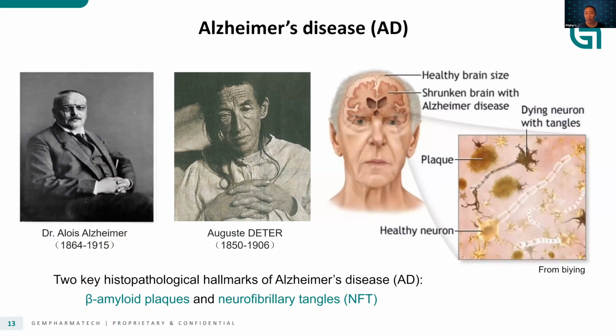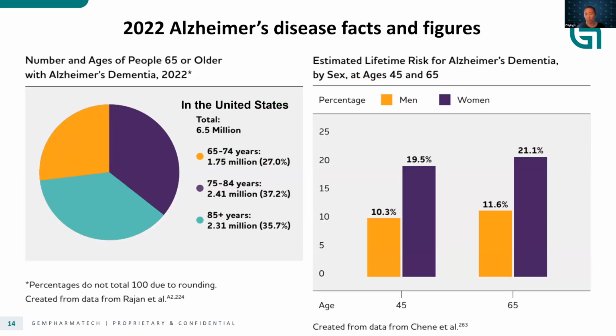So I don't have to say too much about this. Alzheimer's disease is characterized by 2 major phenotypic characterizations, A-beta amyloid and tau tangles, mostly thanks to the work by Dr. Alzheimer and his patient, Auguste Deter. In the past decades and almost a century of work, more and more Alzheimer's patients have been diagnosed.